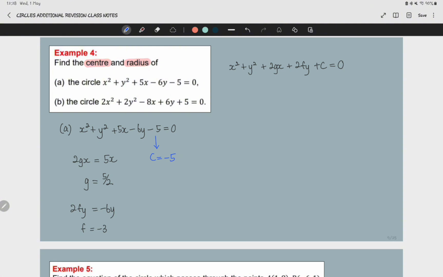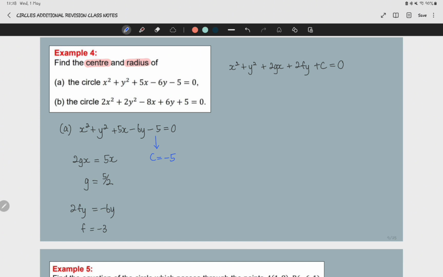You must take note of this, because if you are using the formula, square root of g squared plus f squared minus c, you must be alert with your c value, because sometimes you forget to put the negative and then it will cost you your marks.